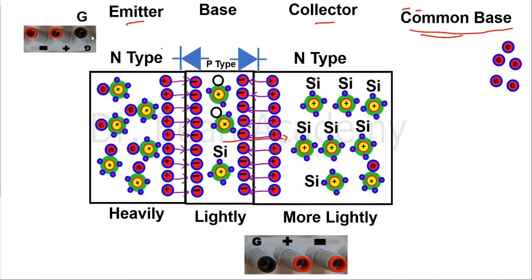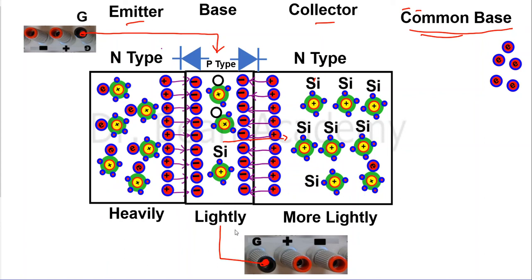So I can rotate the power supply so that the ground terminal is towards the base, so that I can connect it easily. This ground will be connected with the base, and similarly the other one will also be connected to the ground here.